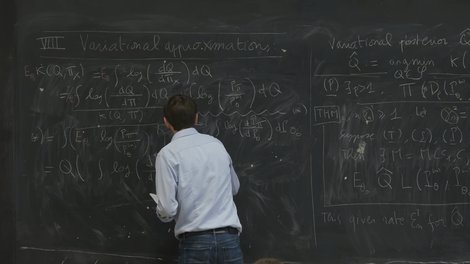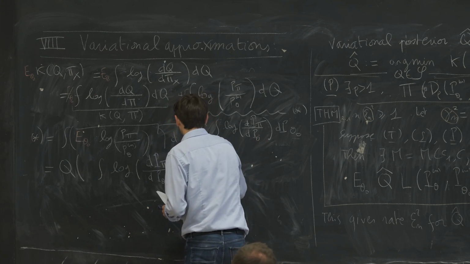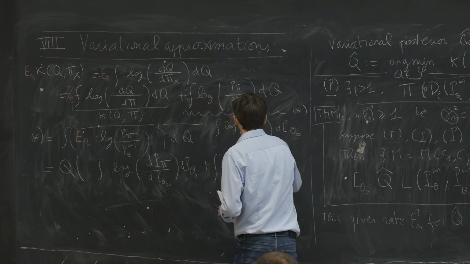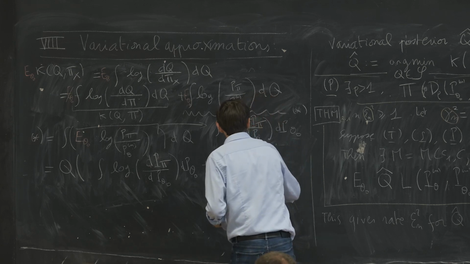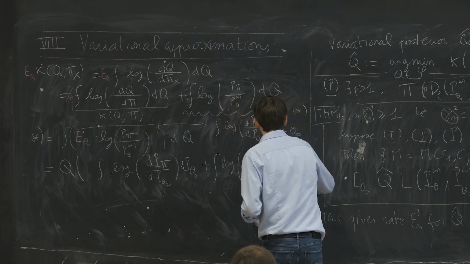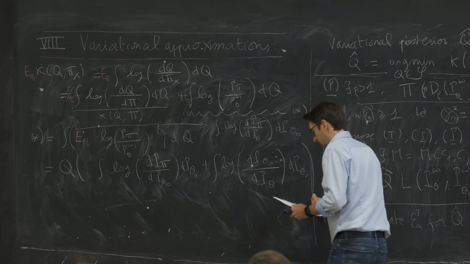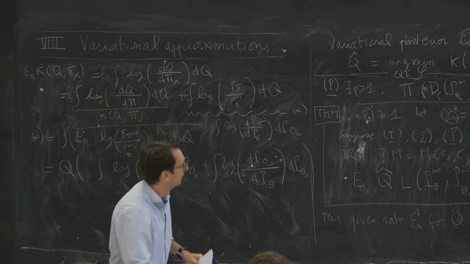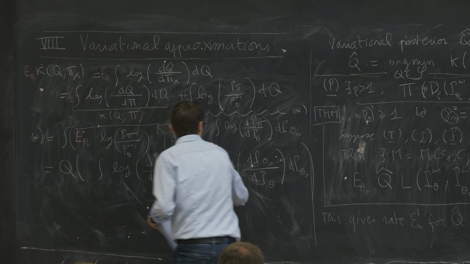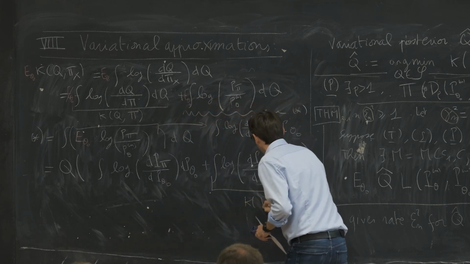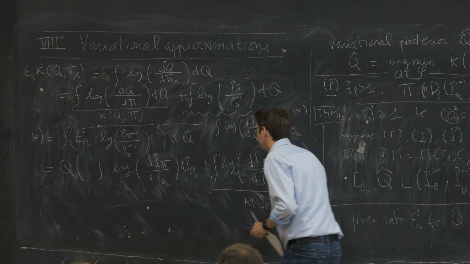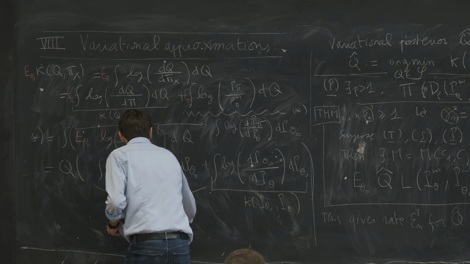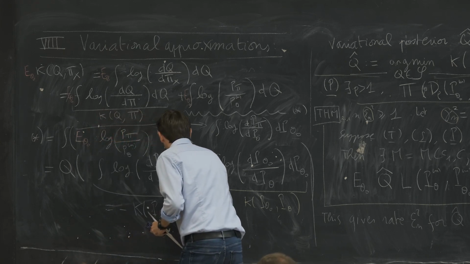Here I introduced theta naught instead of theta, so I have to compensate for it now, plus the integral of log dp theta naught over dp theta. On the right-hand side I recognize the Kullback-Leibler between p theta naught and p theta, and here I have minus the Kullback-Leibler between p theta naught and p pi.